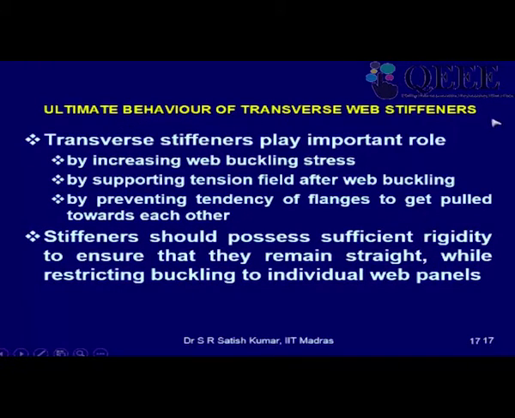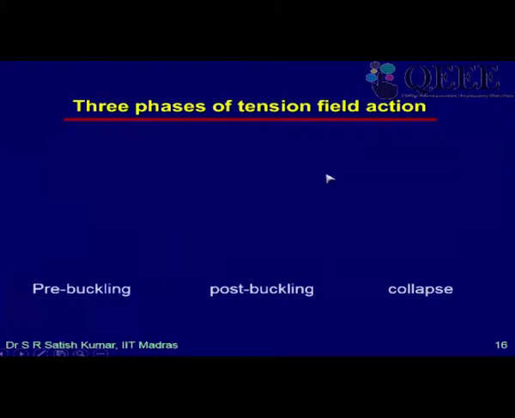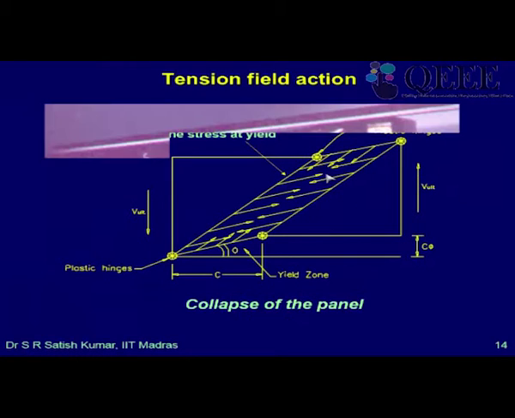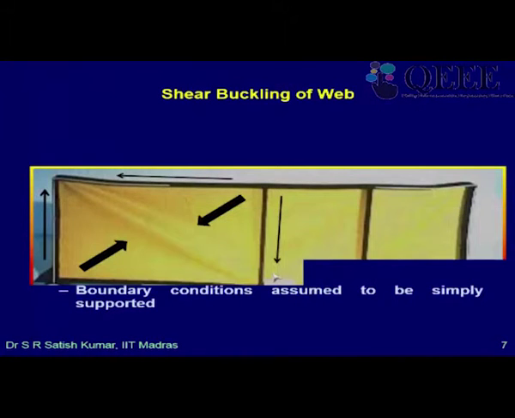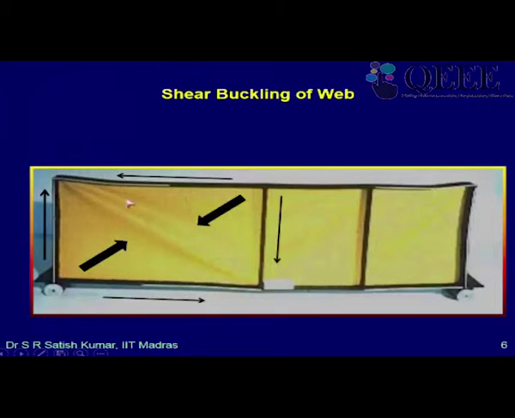Ultimate behavior of transverse web stiffener. Now the transverse stiffeners play an important role. First is by increasing the web buckling stress. What they do is cut the plate into panels. Let's say if I had not provided this stiffener, the web would buckle from this corner to this corner, right?